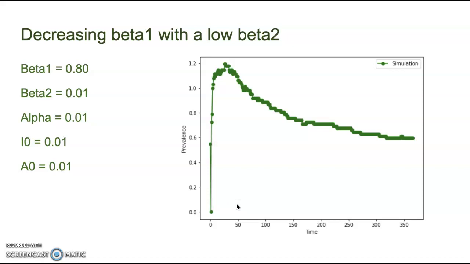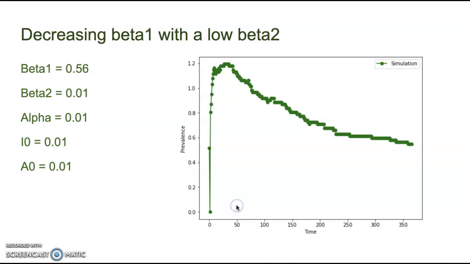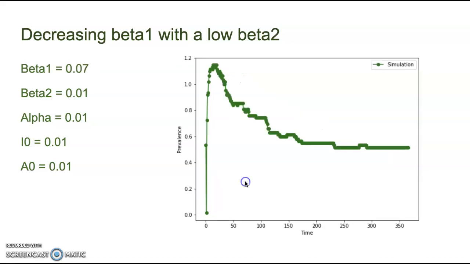So next, I began to slowly decrease beta 1 while beta 2 remained low, and overall, the prevalence of infection becomes a little bit lower, but we're still seeing that same general trend of decreasing prevalence over time. And that continues as I slowly decrease beta 1.